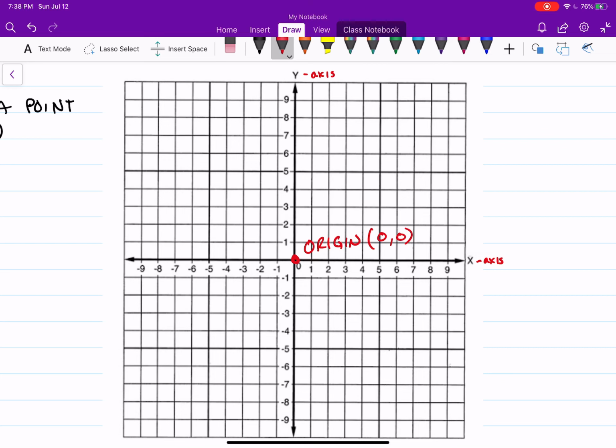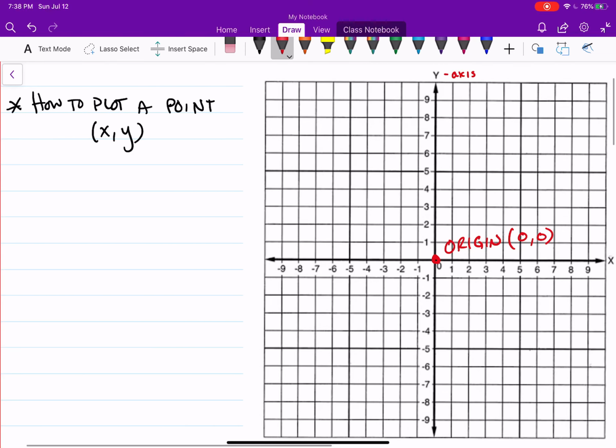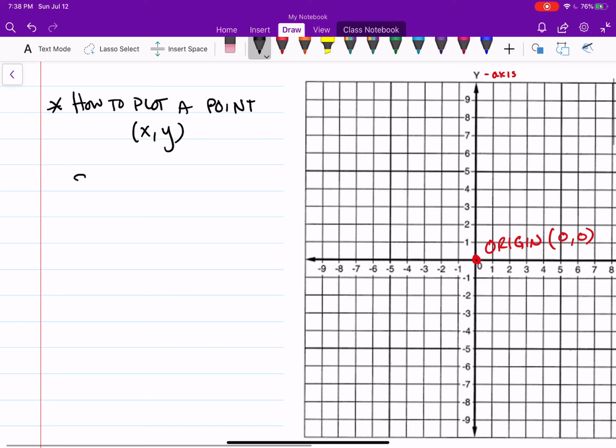Every time you plot a point, you always want to start at the origin, which again has a coordinate point of 0, 0, okay?